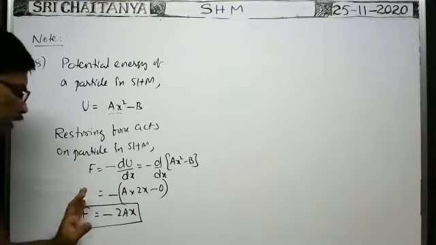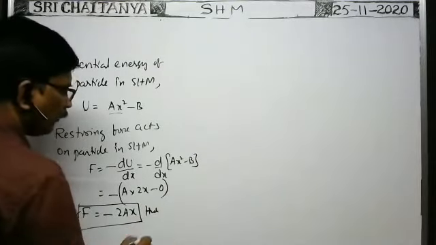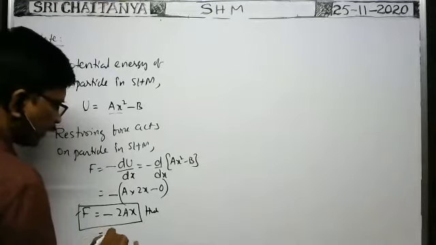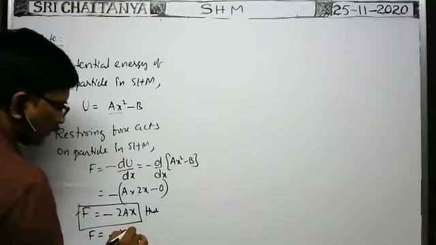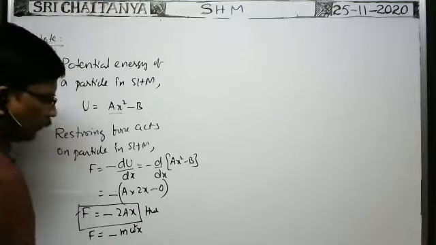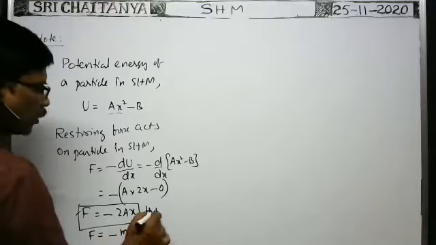Suppose the equation is given like this, what about the 2a value? Actually, the restoring force is minus m into the acceleration of the particle in SHM. Acceleration of the particle in SHM means omega square into x, no? So when you compare these two, in place of 2a, m omega square is there.